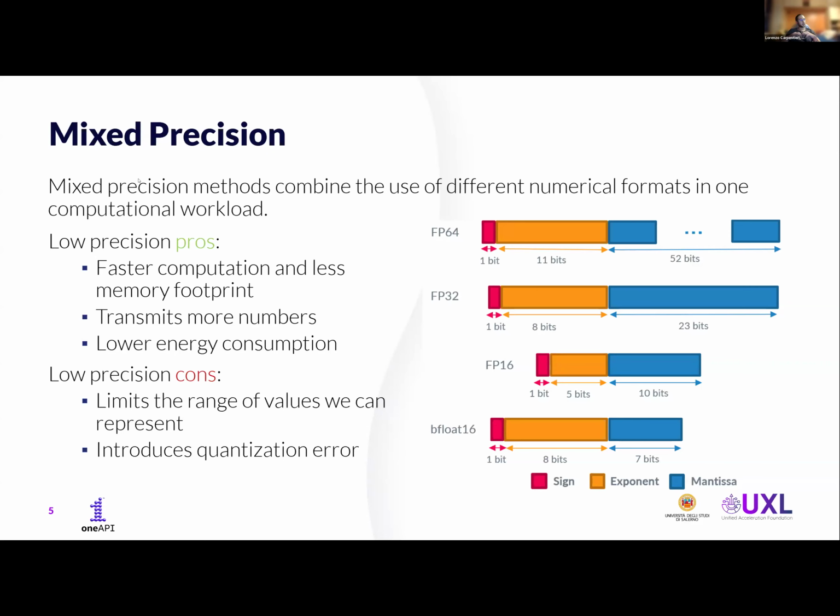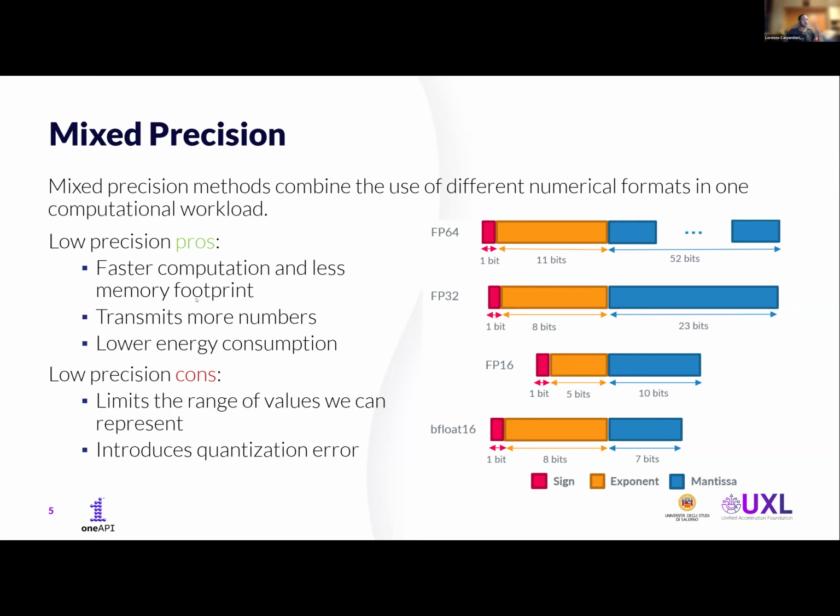So usually in an application, we can have different requirements in terms of precision. For example, for parts of the application, we need 64-bit floating point, but for another part of the application, we may need a small precision format, for example, a 16-bit floating point precision. And when we use lower precision formats, we have some advantages.